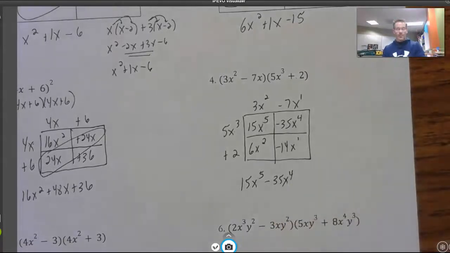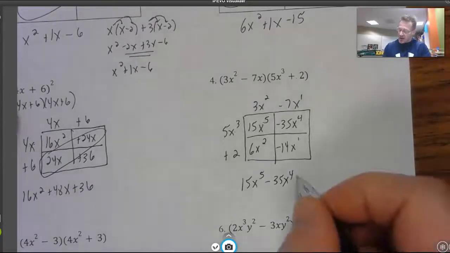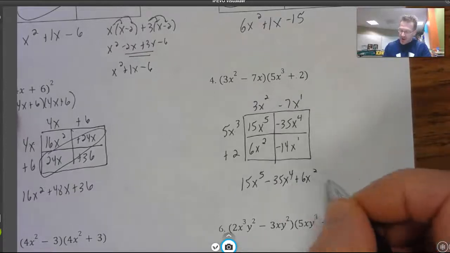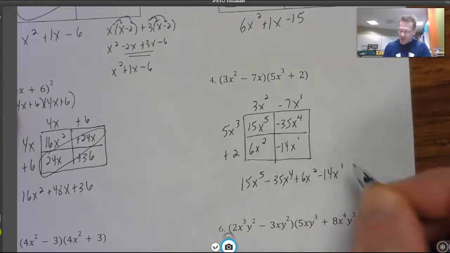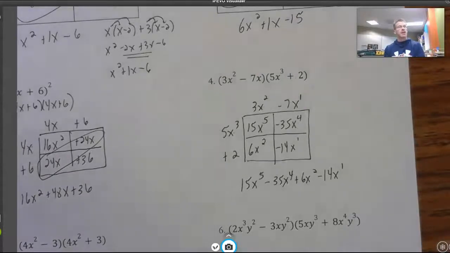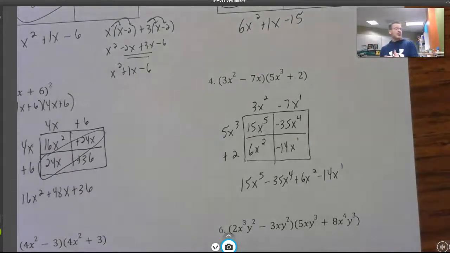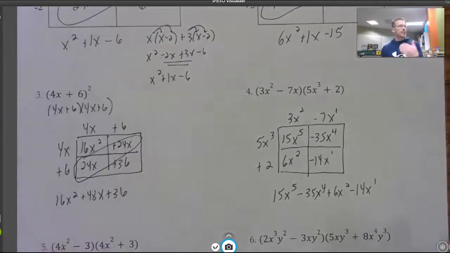I don't have a 3rd power, but I do have a 2nd power of x here, so I'll bring that down. Then I have my 1st power x right there. In this case, I didn't have any like terms to combine, and that happens sometimes. So don't try to force it. Just analyze and look at it, and if you do have like terms, combine them, and if not, just move on.